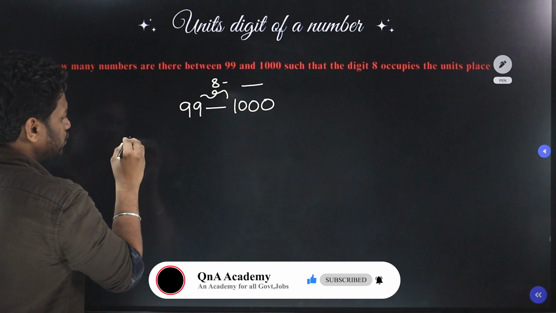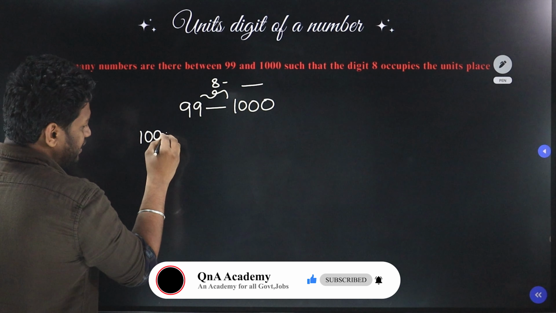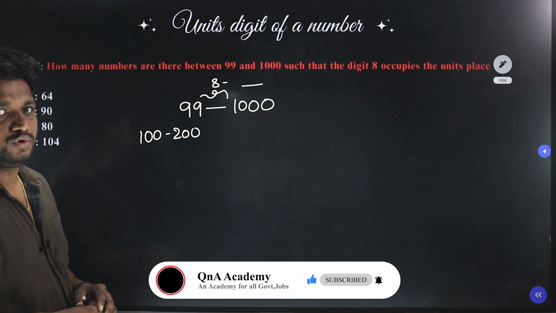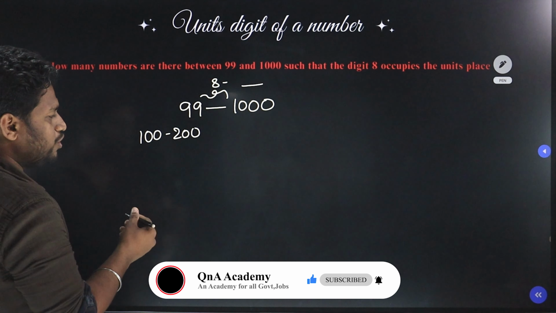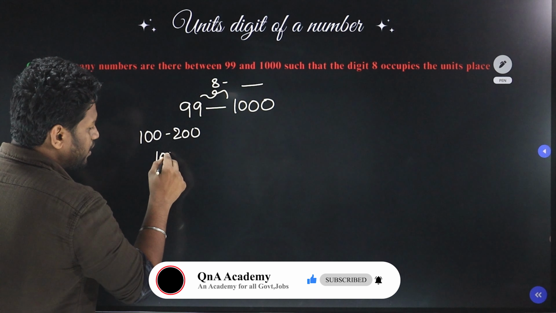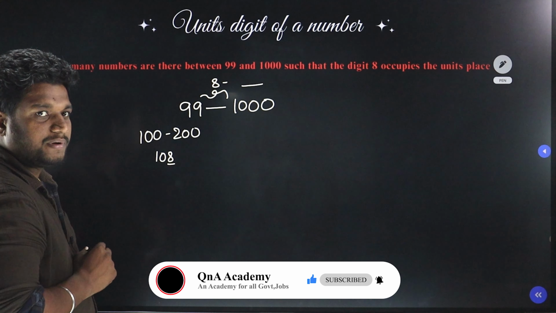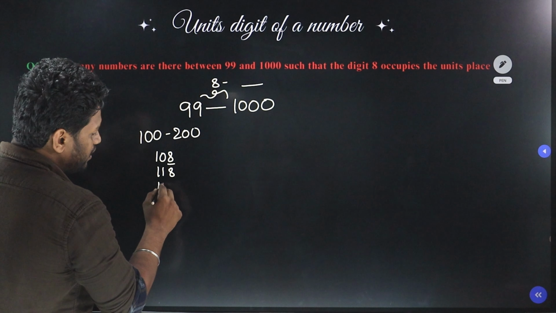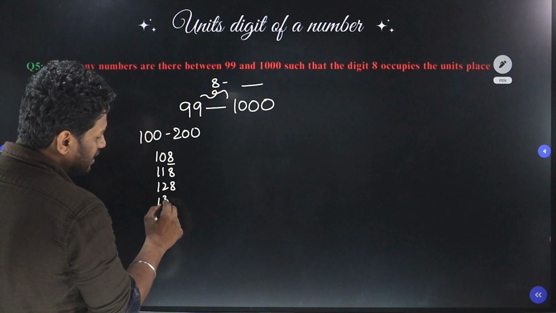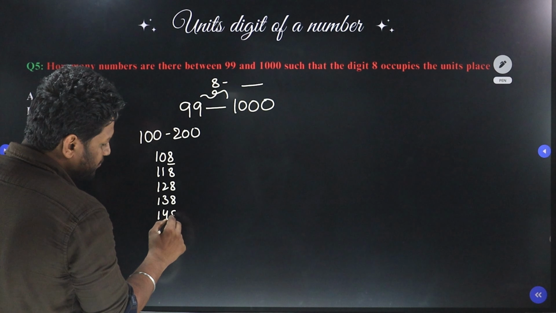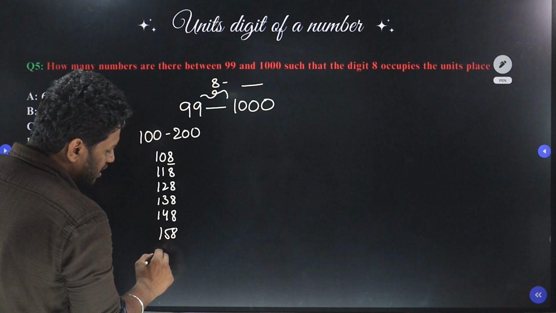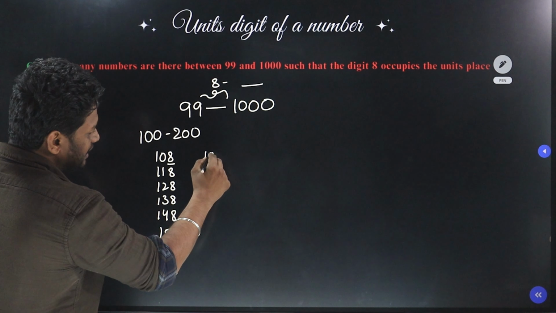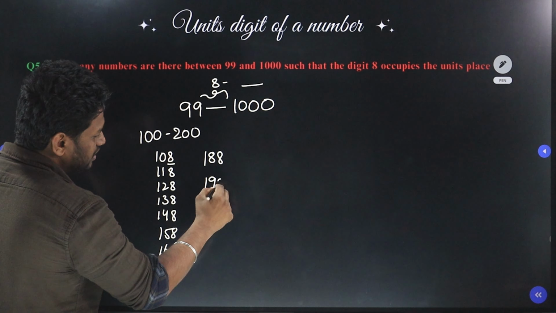Now first what I will do, I will calculate from 100 to 200. If I calculate from 100 to 200, how many 8s will I get? All of you see here, 108 I will be getting. Here 8 is in my units place or not? In the same way 118, 128, 138, 148, 158, 168, 178, 188, 198.